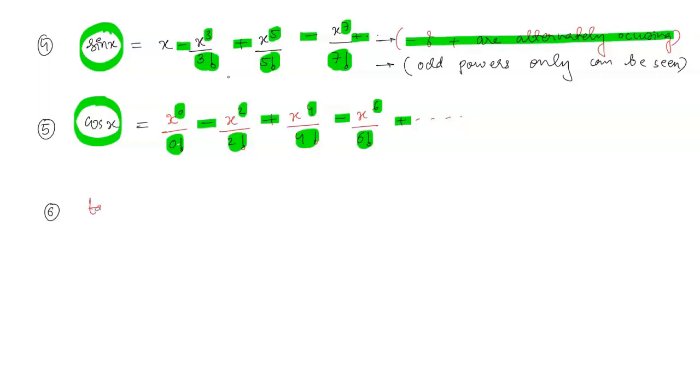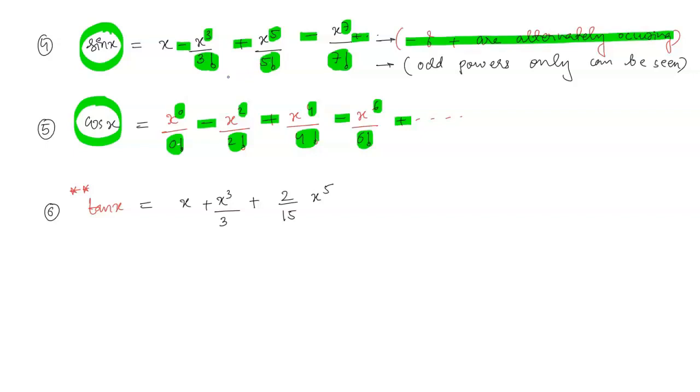Next, the final one is tan x. Again I am putting a star mark here because there is no factorial involved in tan x and there is no such pattern. So you just have to remember the first three terms of this expansion. Tan x is equal to x plus x cube by 3 plus 2 by 15 x to the power 5.